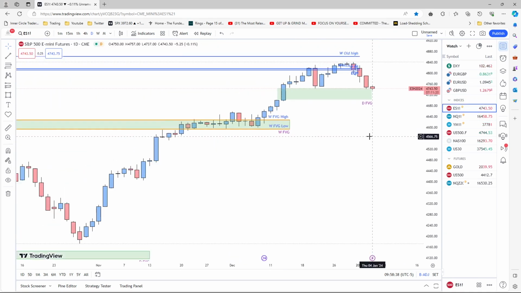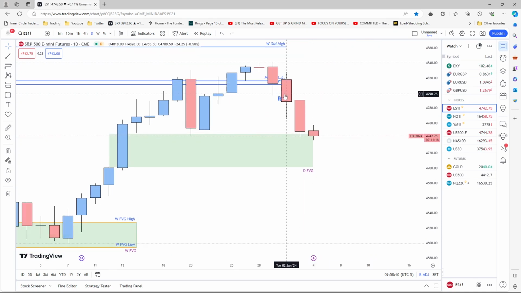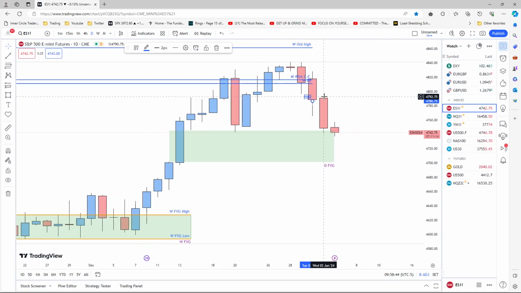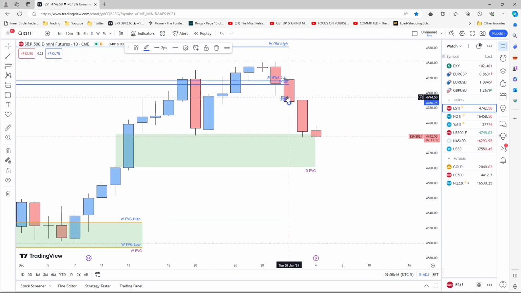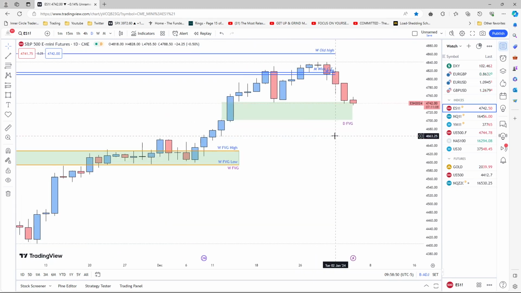Moving over now to the E-mini S&P chart. Let's see over here. These were lower levels I was looking at. The same thing happens over here. We have that old low over here, which would give us a market structure shift.